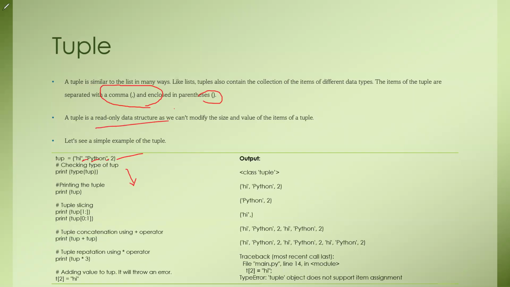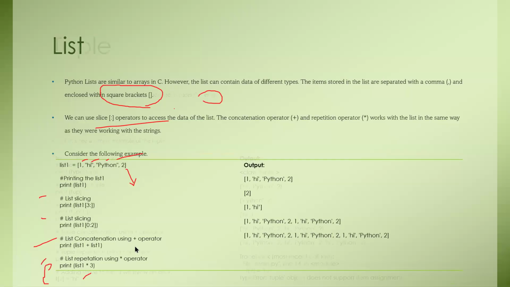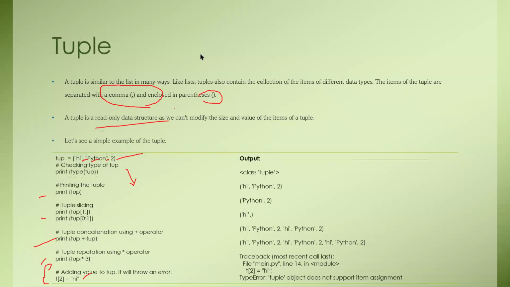That makes the difference between tuple and list declaration. Apart from that, accessing, printing the content, slicing, concatenation and repetition are the same as I showed in the previous case. The only thing is you cannot modify a tuple. If you want to add or update any data, it is not possible. But in a list, it is possible to update the content. Easy. So list, tuple.